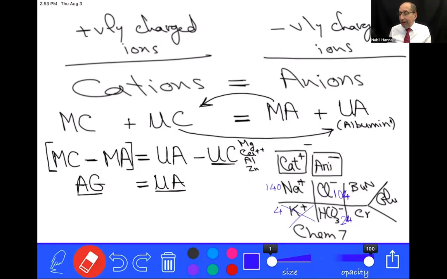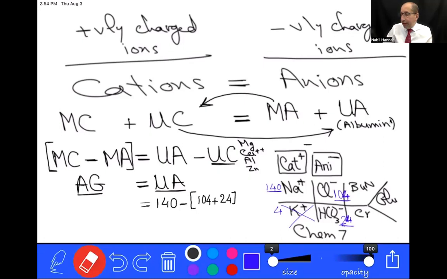So to calculate the anion gap, it's sodium minus the sum of chloride and bicarbonate. So the anion gap is 140, that's the first column, that's sodium, minus the sum of 104 plus 24.